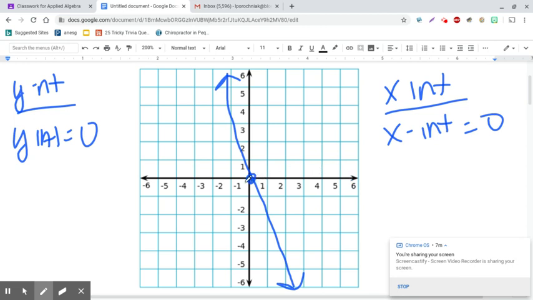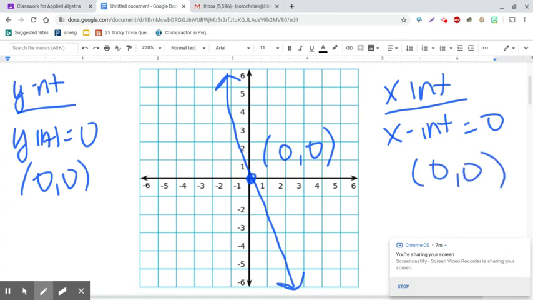Because it crosses at the origin, and we know the origin is 0, comma, 0. So the y-intercept would be 0, comma, 0, as well as the x-intercept being 0, comma, 0. All right, that's only when it crosses the origin, because if you notice, it's crossing the x-axis at 0 and the y-axis at 0. So the x and y-intercepts would both be 0, and they would be at the origin.